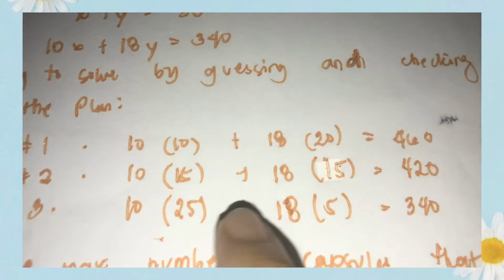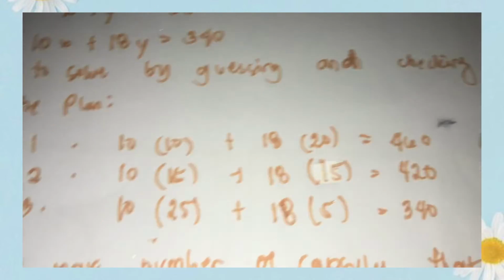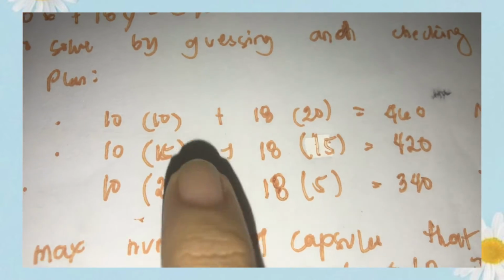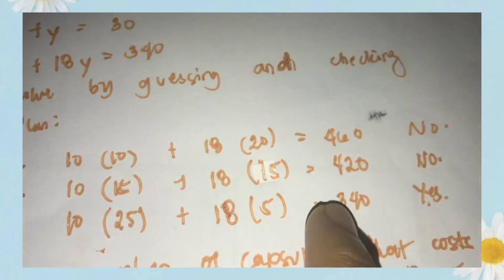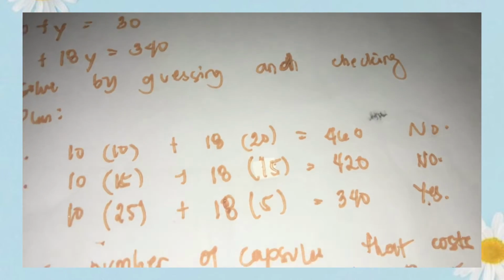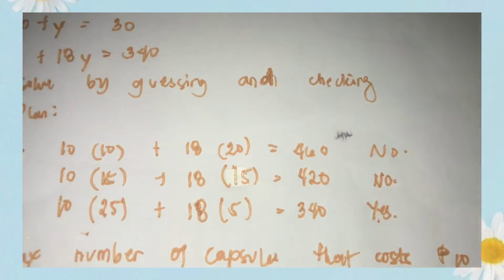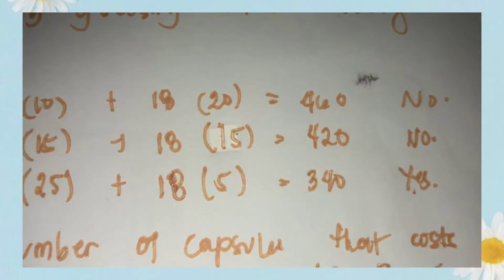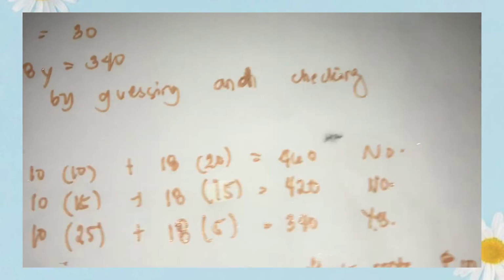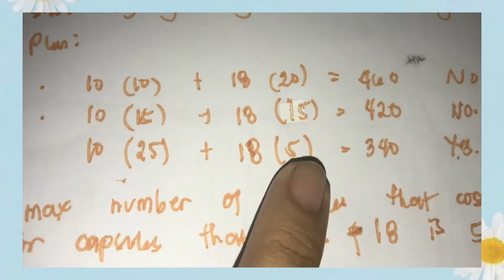So I use 25 and 5. Let's find out. 10 times 25 plus 18 times 5, the answer is 340. So right now, it matches what is required in the problem. Erlinda only has 340 pesos, so the variables that we use are indeed correct.